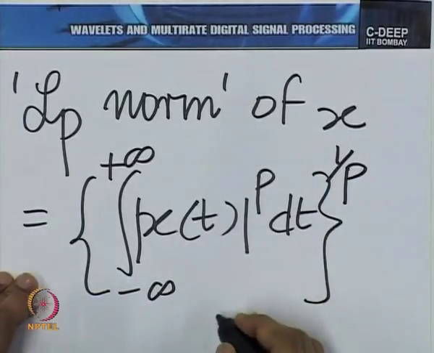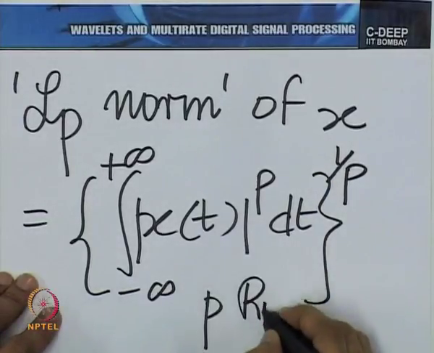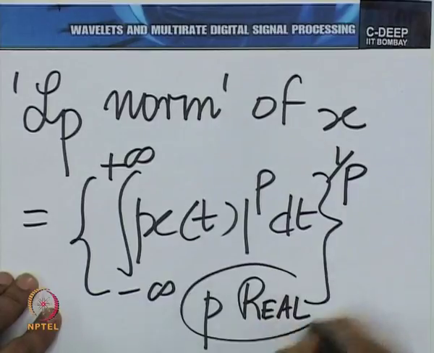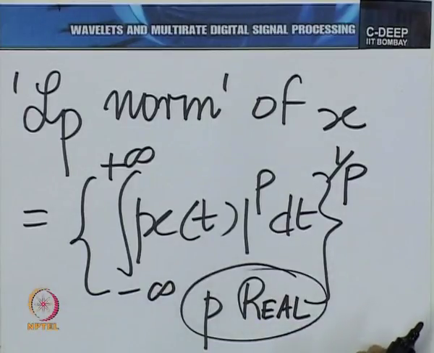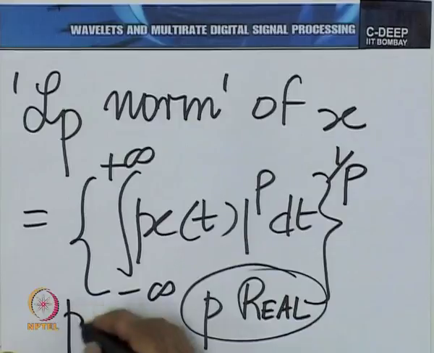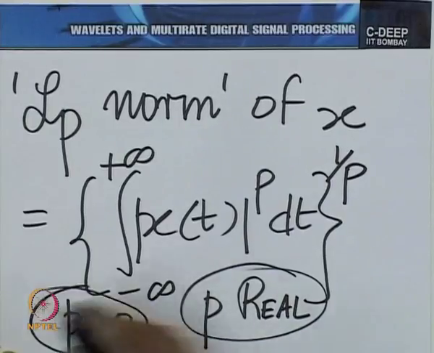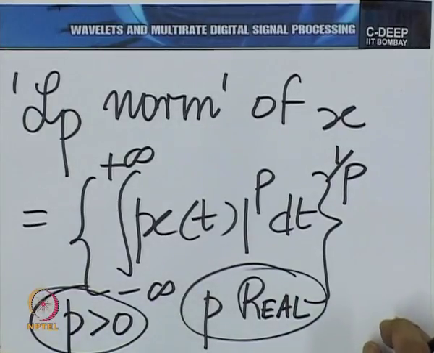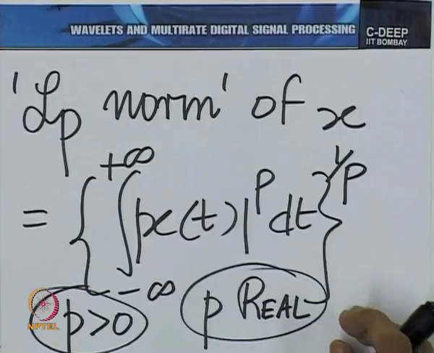And of course, p here is a real number, in fact real and positive. So, you could talk about an L1 norm, you could talk about an L2 norm, you could talk about an L infinity norm.